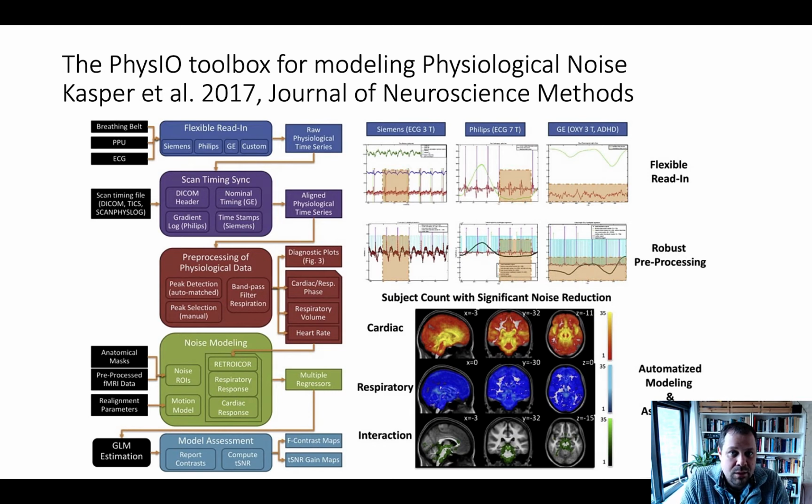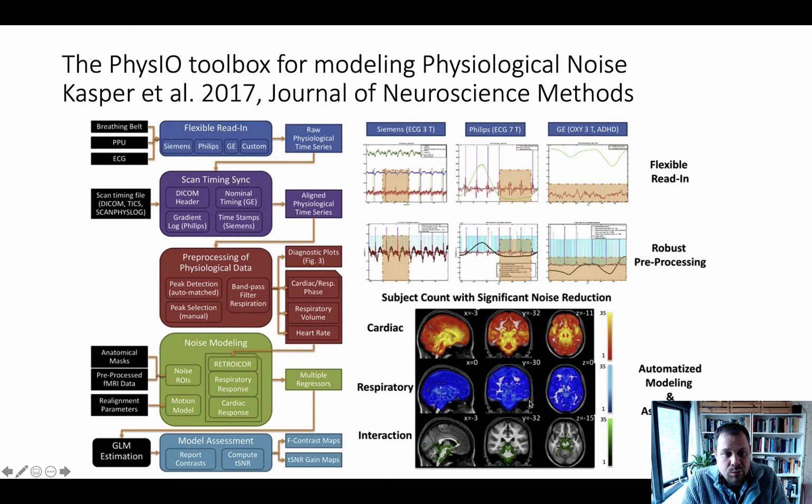You can get arousal information from skin conductance responses, but also from the eye tracker that might be installed at the scanner. And this allows you to remove this noise from your data. One way to do it is, for instance, via the PhysIO toolbox, which allows you to directly assess the influence of the heart rate or heart rate variability on your functional images, but also of respiration on your functional images.